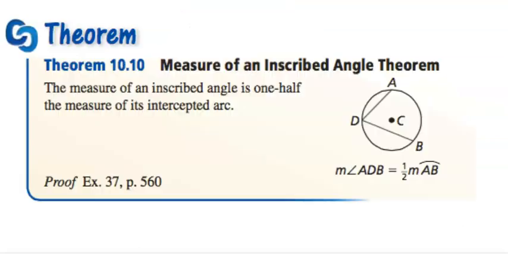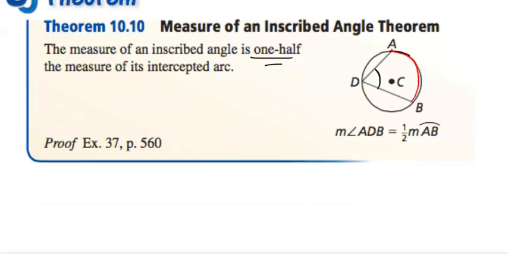There's a little formula for this. The measure of the inscribed angle is 1/2 the measure of the intercepted arc. So here's angle ADB, and this is going to equal half the measure of arc AB.